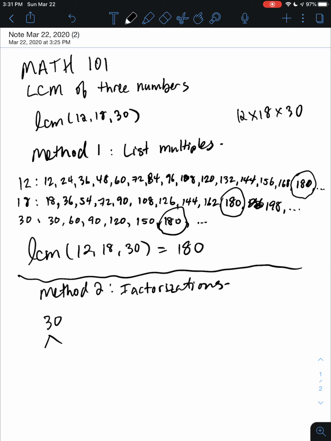For 30, 2 times 15, and 15 is 3 times 5, and these are all prime. So the prime factorization of 30 is 2 to the power 1 times 3 to the power 1 times 5 to the power 1. Okay, so we now have 3 factorizations.